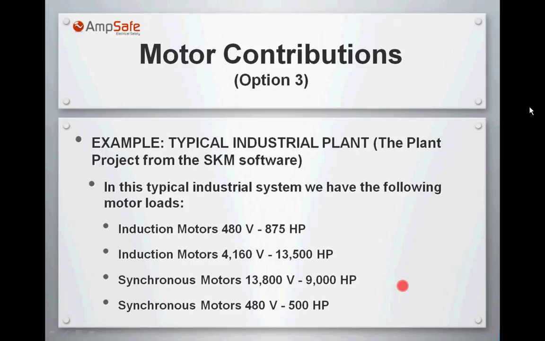We also have a whole bunch of synchronous motors at 13,800 volts, 9,000 HP, and a small synchronous motor at 480 volts of 500 HP. So it's a broad sampling of different types of motors, induction and synchronous. We're going to do some calculations and see what the effect is on the arc flash incident energy. We're going to include them in the calculation, then exclude them, and compare what's going on.